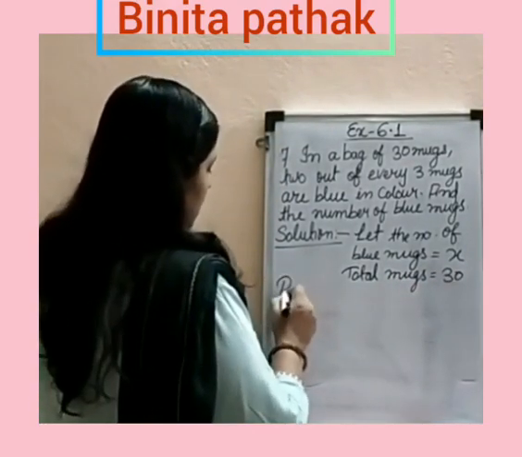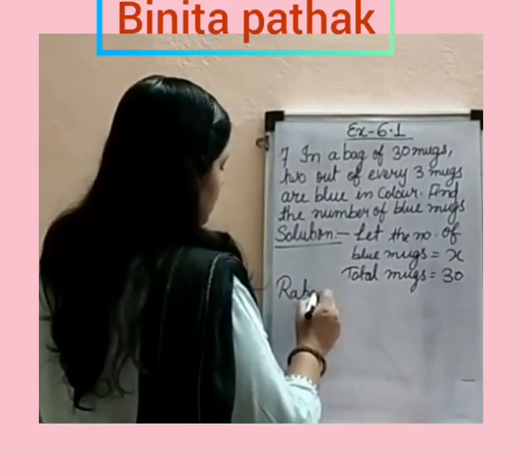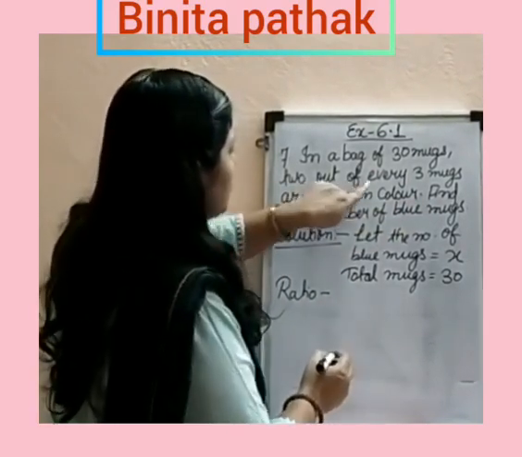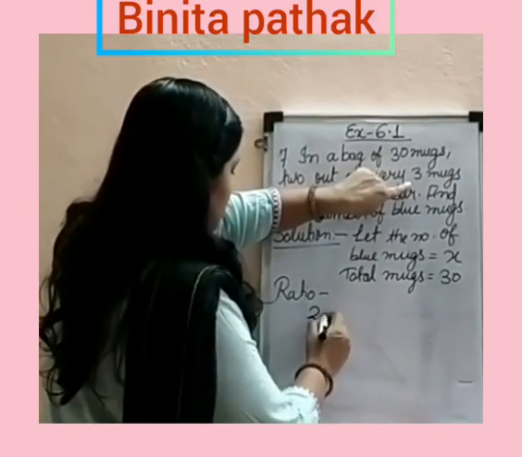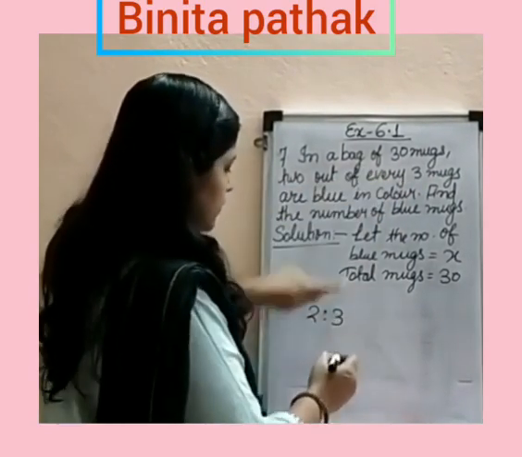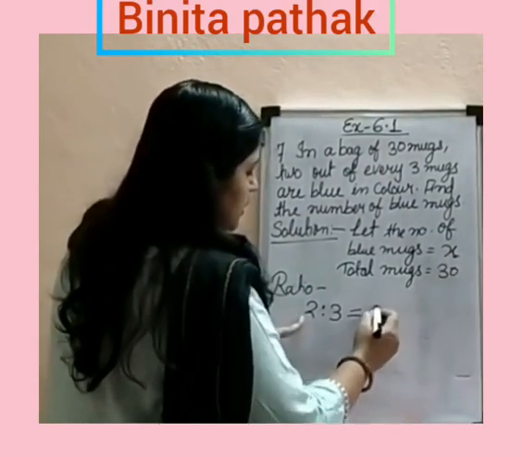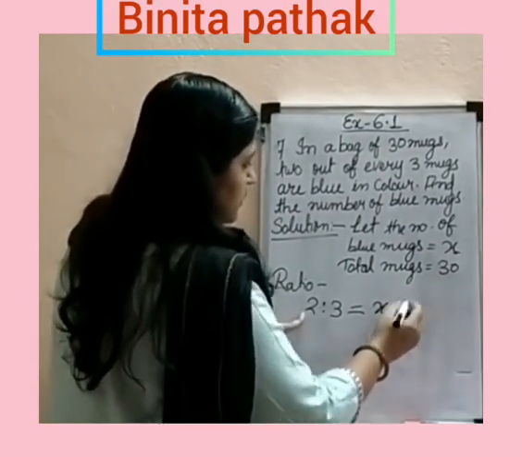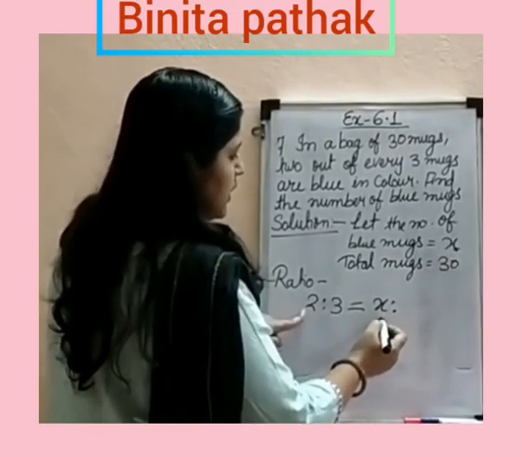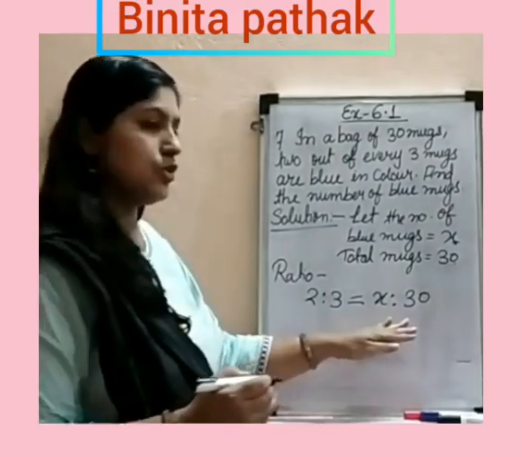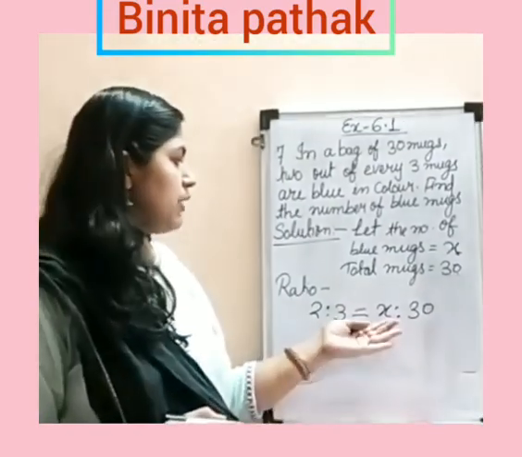Now, how can we write in ratio? 2 out of every 3 mugs. It means 2 is to the total mugs 3 equals, what is the total number of mugs? Total number of blue mugs equals x and total number of mugs equals 30. So this is the ratio and we need to find out the value of x.